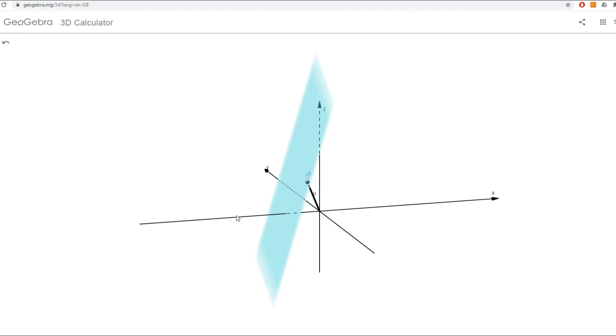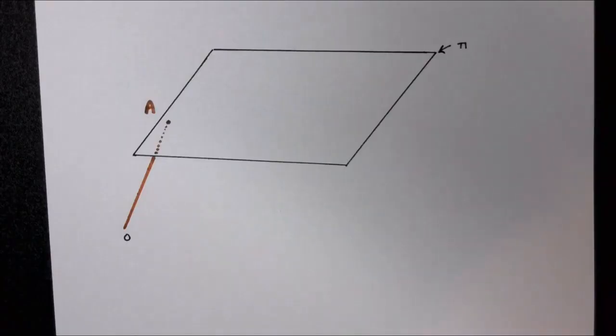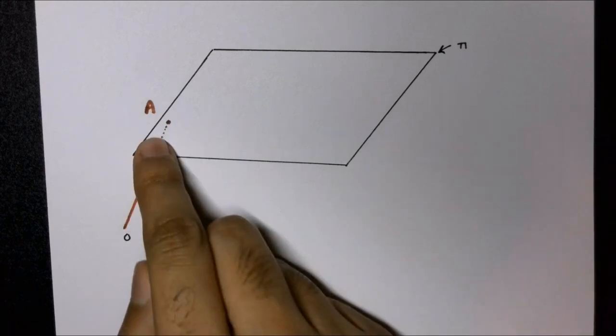Okay, and typically when it comes to drawing a plane you don't need to show the axis. That just makes things more complicated. This is sufficient enough as a diagram to illustrate the plane and a point going through it.